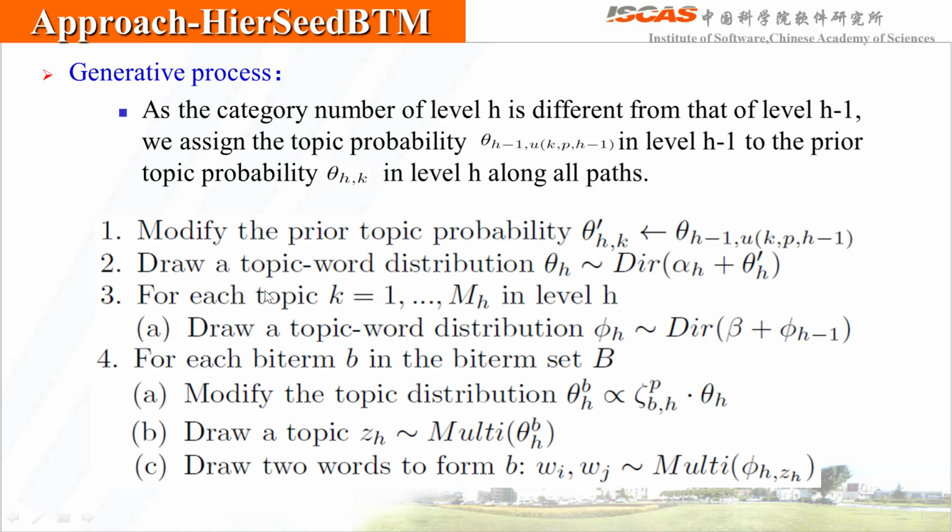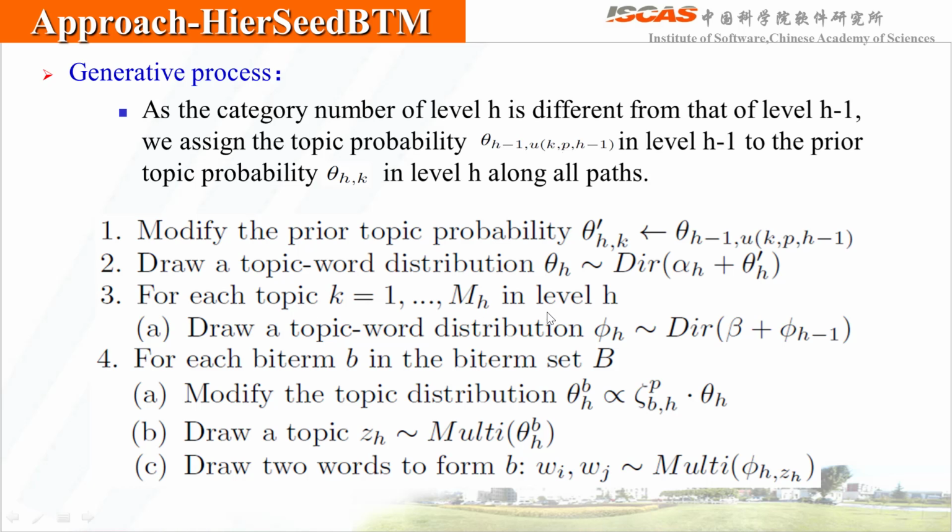This is the detail of the generative process. First, the topic distribution in level h-1 is propagated to level h, as the category number of level h is different from the category number of level h-1. We assign the topic probability set in level h-1 to the prior topic probability in level h along all paths in the hierarchy. Second, draw a topic word distribution set for level h through a Dirichlet distribution.